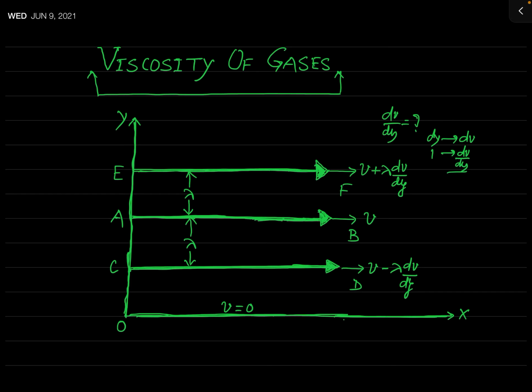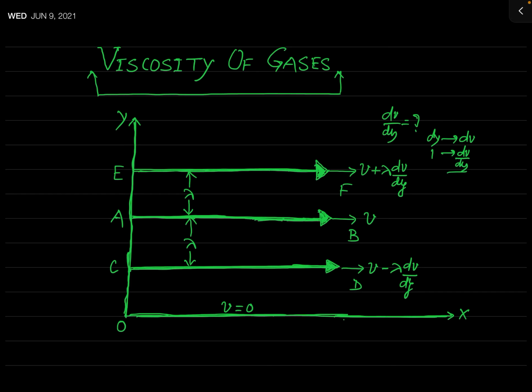Now in this figure I have shown three horizontal lines AB, CD and EF. But remember, these are not simple lines. AB, CD and EF represent three layers of the gases, and all these layers are in contact. Although in the figure they appear separated, they are in contact.